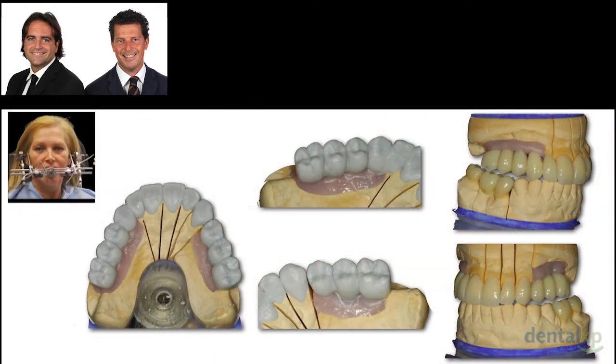So far we saw a single tooth rehabilitation, we saw a partial multidisciplinary rehabilitation, and let's see how we can deal with a full arch rehabilitation integrating digital solutions in our protocols. So what we did in this case was exactly what we did in the two previous cases.